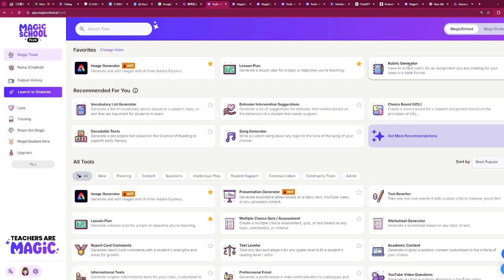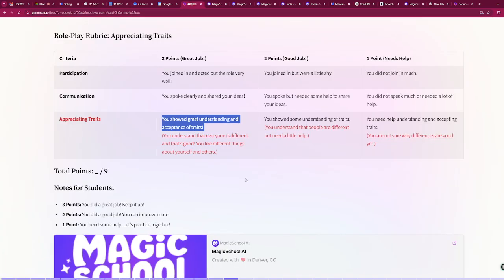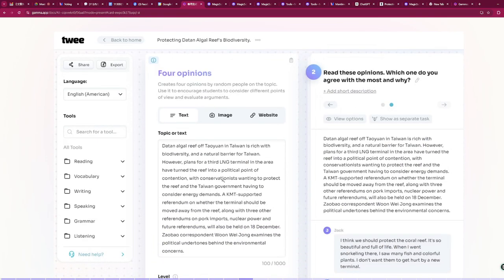If you click on rubrics generator, all you need to do is enter grade level, how many points, list your standards, and it'll help you generate your rubrics. Remember to simplify the language, and the way to simplify is to point out that it should be for CEFR pre-A1 students. Okay. All right.